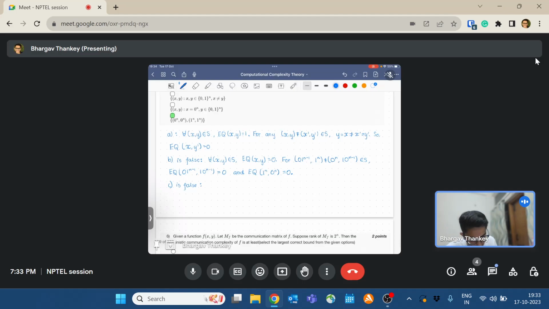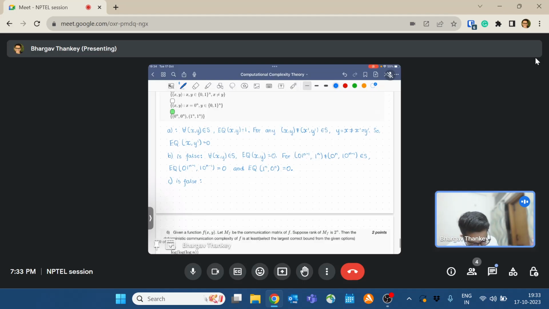C is false because (0^n, 0^n) and (0^n, 1^n) are both in S, and equality of (0^n, 0^n) is 1, while equality of (0^n, 1^n) equals 0. So set C does not even satisfy the first condition.